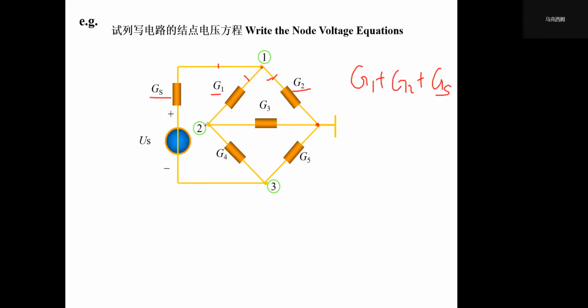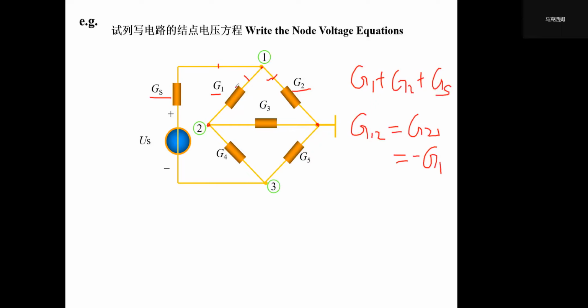The cross conductance between node 1 and 2 is, you can see, G1. So G12 equals G21 equals negative G1. Right?